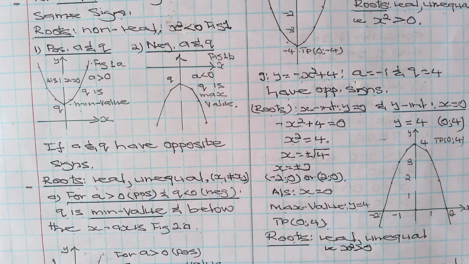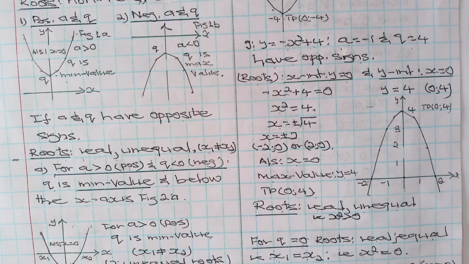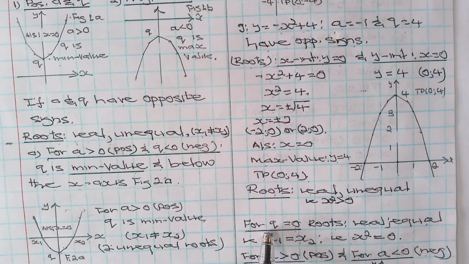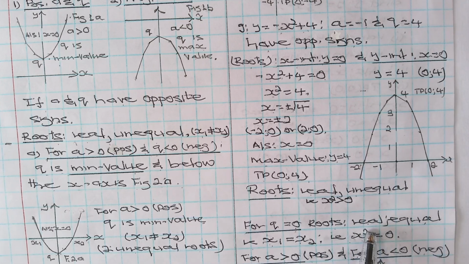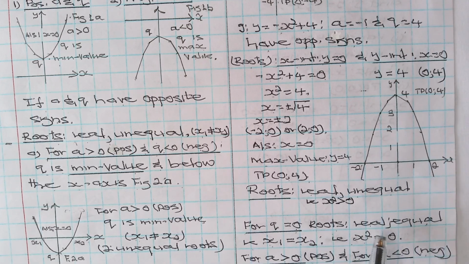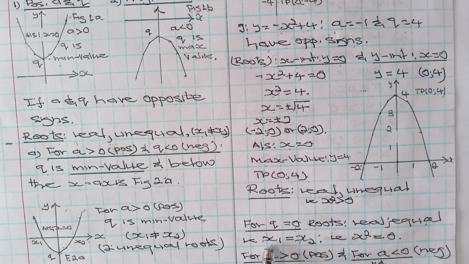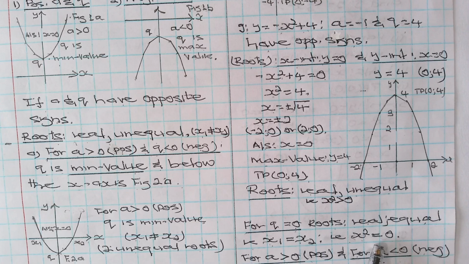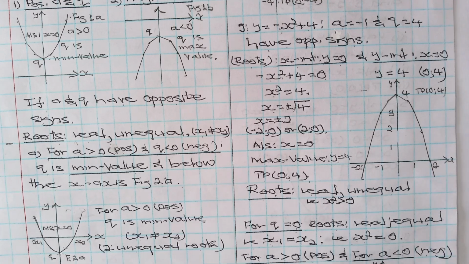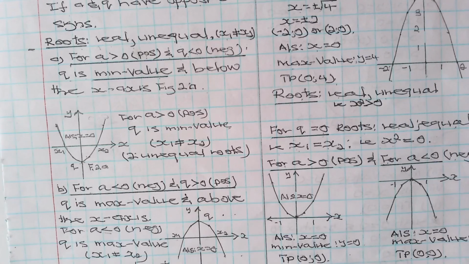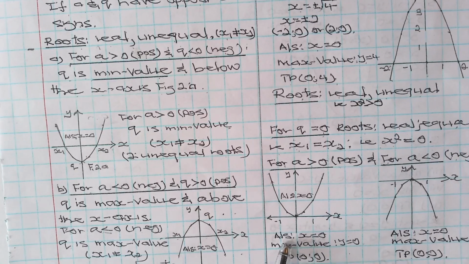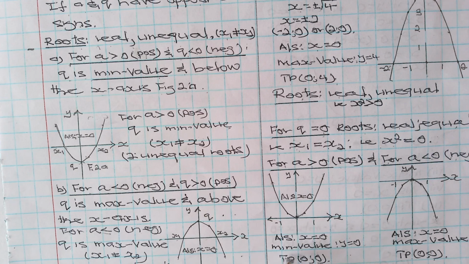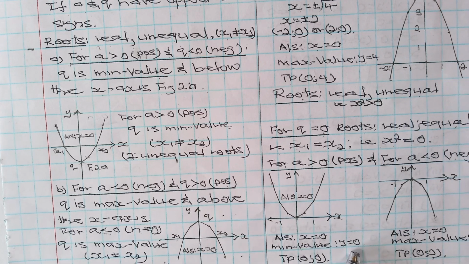Now, let's go for q equals 0, which means minimum or maximum. If q is 0, the roots are real and equal. If the roots are real and equal, x1 will be equal to x2. Therefore, x squared will be equal to 0. Now, for a greater than 0, positive, what does this mean? It means that the axis of symmetry will be 0, and the minimum value would be 0.